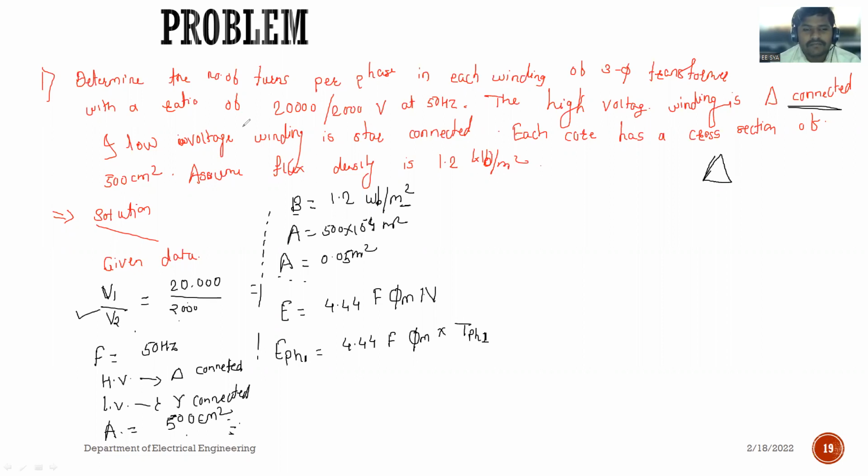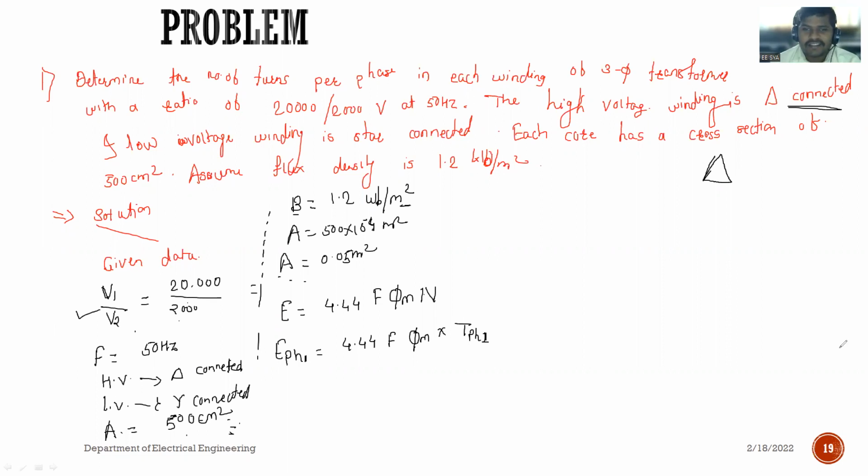Anyone? हा, कोण सांगू शकेल का? VL is equals to VPH or VL is equals to √3 VPH. काय असतं? VL equal to VPH. VL is equals to VPH असतं.